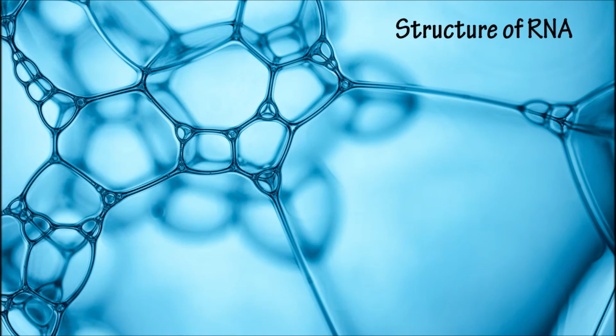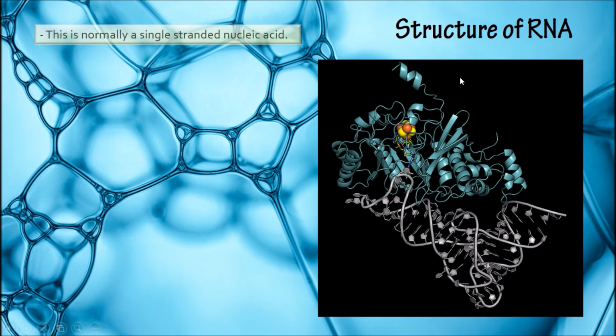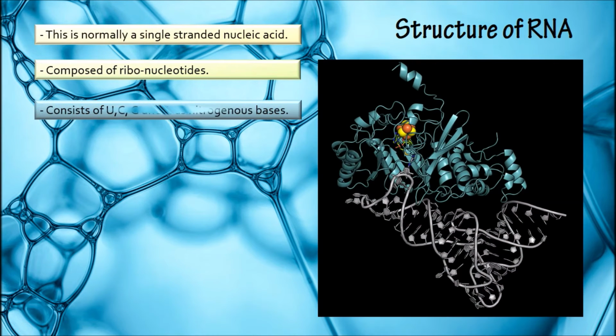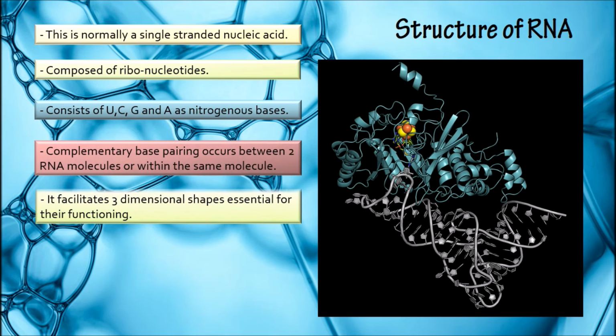The structure of RNA. This is normally a single-stranded nucleic acid. It is composed of ribonucleotides containing uracil, cytosine, guanine, and adenine as nitrogenous bases. We can identify complementary base pairing within the same RNA molecule.